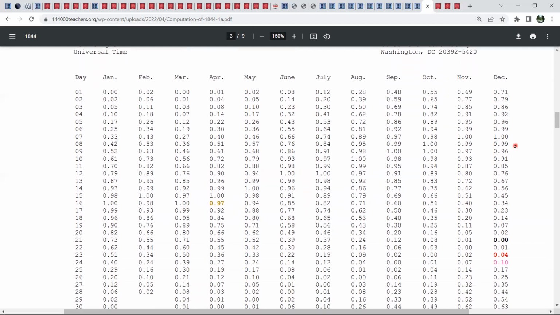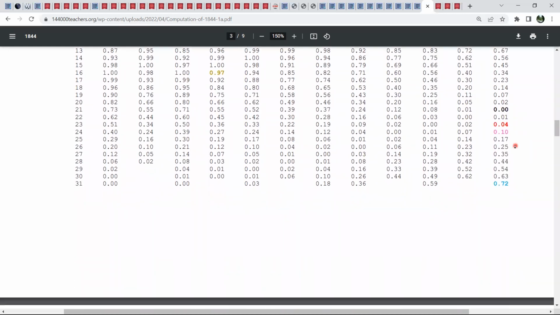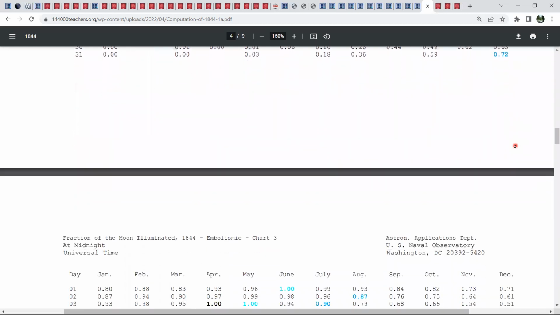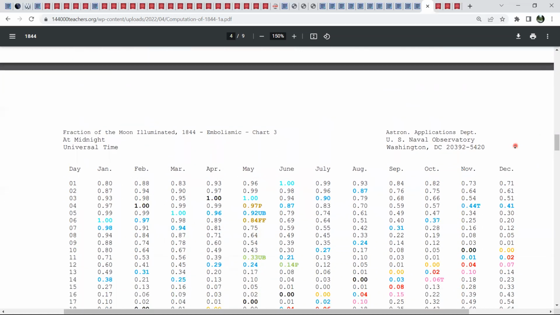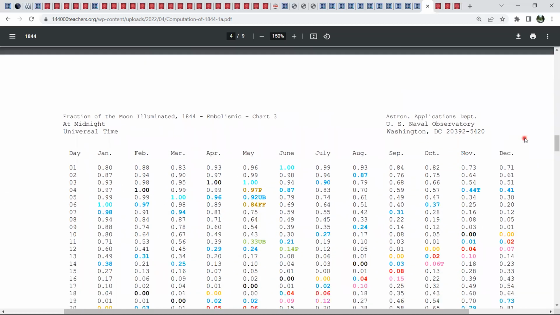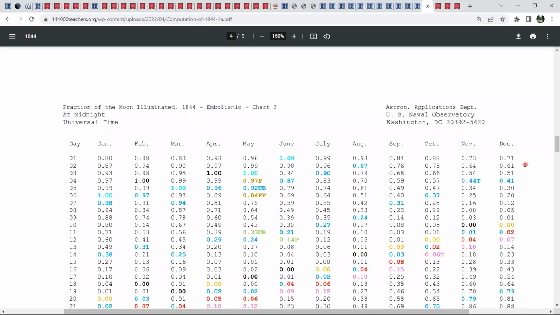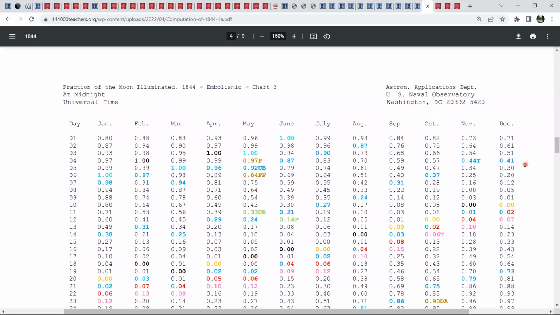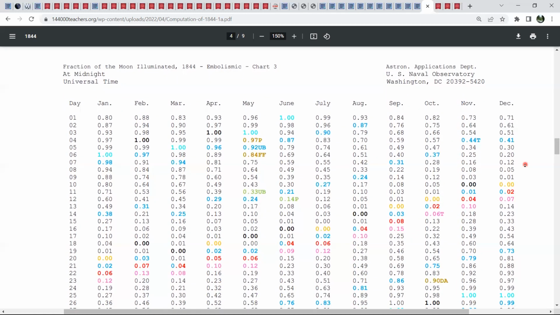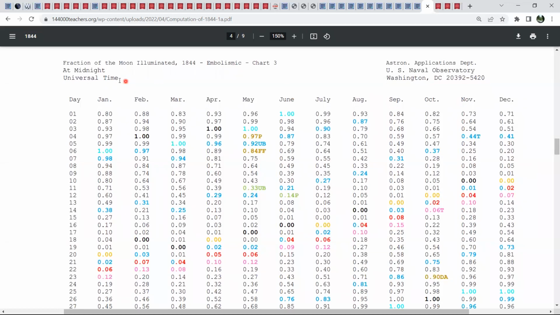We bring you here to show you the last month, and then we transfer now to 1844. You can get 1700 years of data from USNO. You can go back 1700 years, which is magnificent, and then forward as well. So 1844 was an embolismic year. We wrote the embolismic year there. We edited it. Universal time we have used to do this presentation.